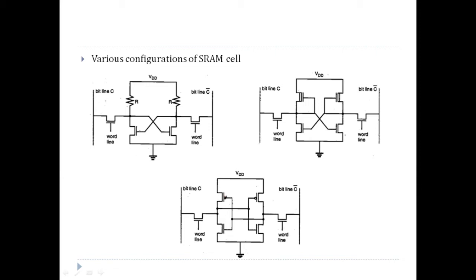But this disadvantage does not overshadow the other advantages, like low power consumption or low voltage operation of this SRAM cell. So practically, these CMOS SRAM cells are widely used in the fabrication of SRAM.